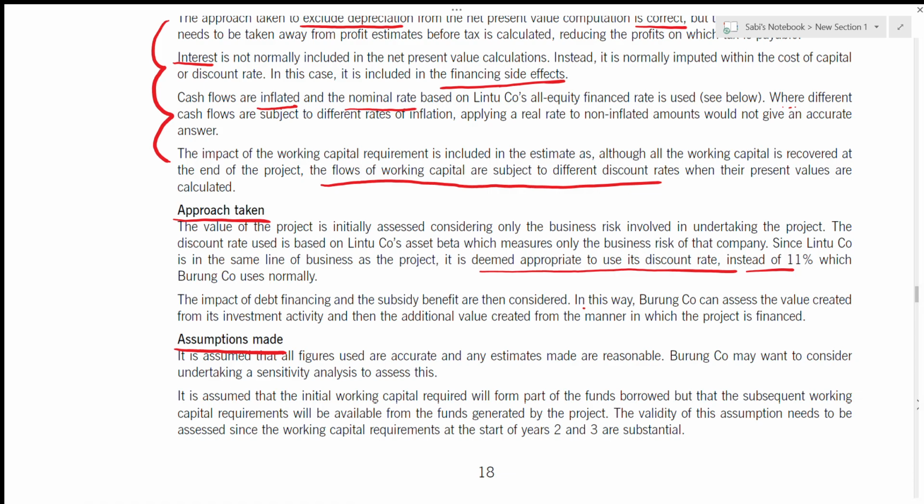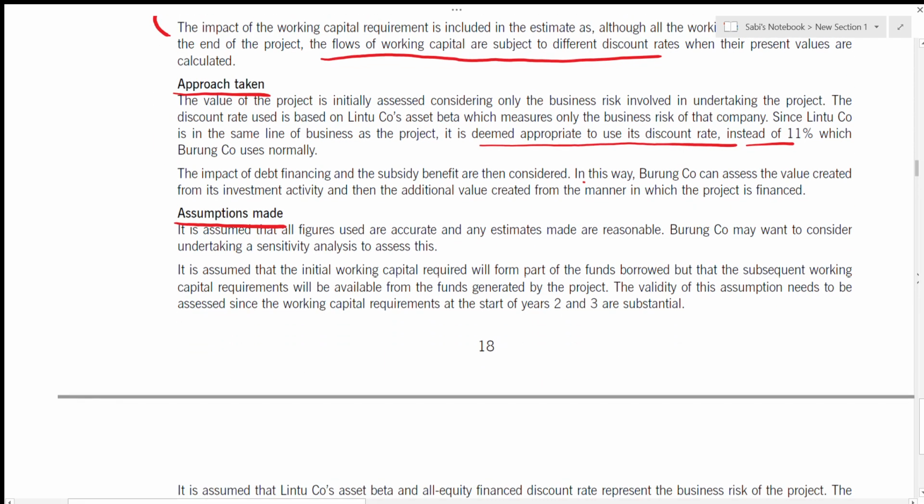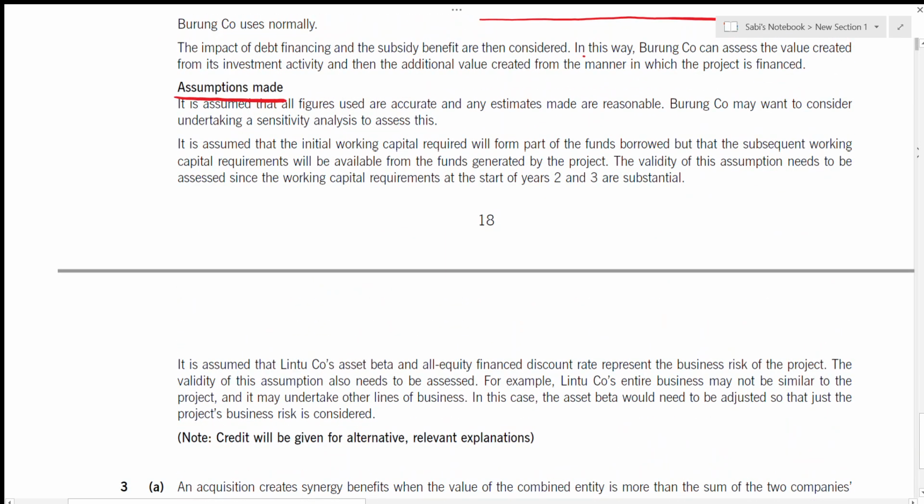And finally, let's go to the assumptions made. Right? It is assumed, okay? Always give your assumptions. It's a must. This is the way you're going to score marks.